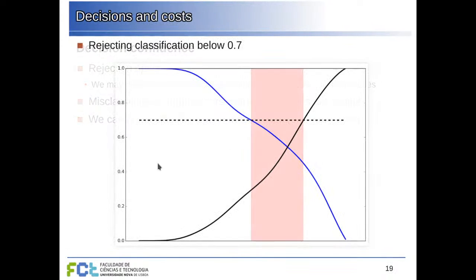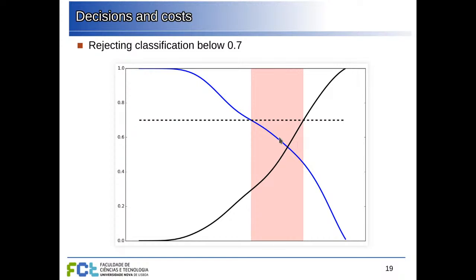For example, suppose that if we have examples that are far to this side, then they are clearly class 1. We don't make many mistakes there. If they are on this side, they are clearly class 2. But if they are here between the two, we are not very sure. In this part, they are more class 1. In this part, more class 2. But there is quite a lot of uncertainty here.